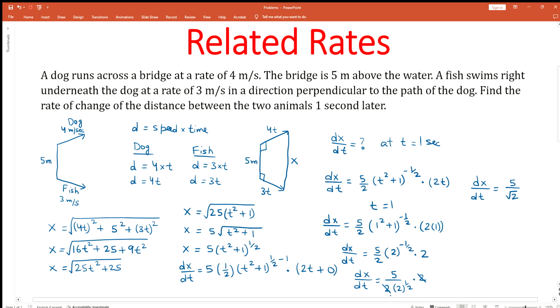We can rationalize this fraction by multiplying the numerator and the denominator by square root 2. I get 5 square root 2 over 2. This is the exact value of dx over dt, and the unit is meters per second, because the unit of x is meters and the unit of time is seconds. This should be the final answer for this problem.